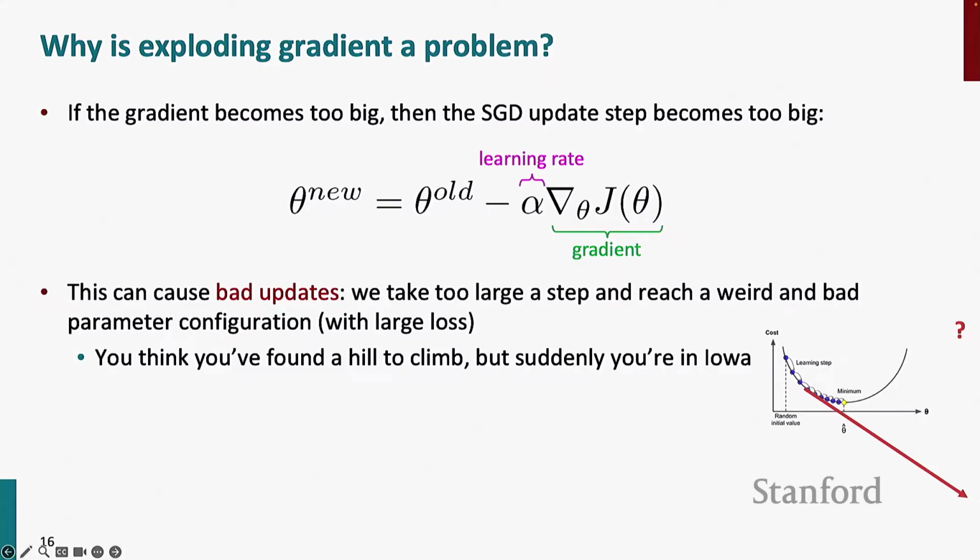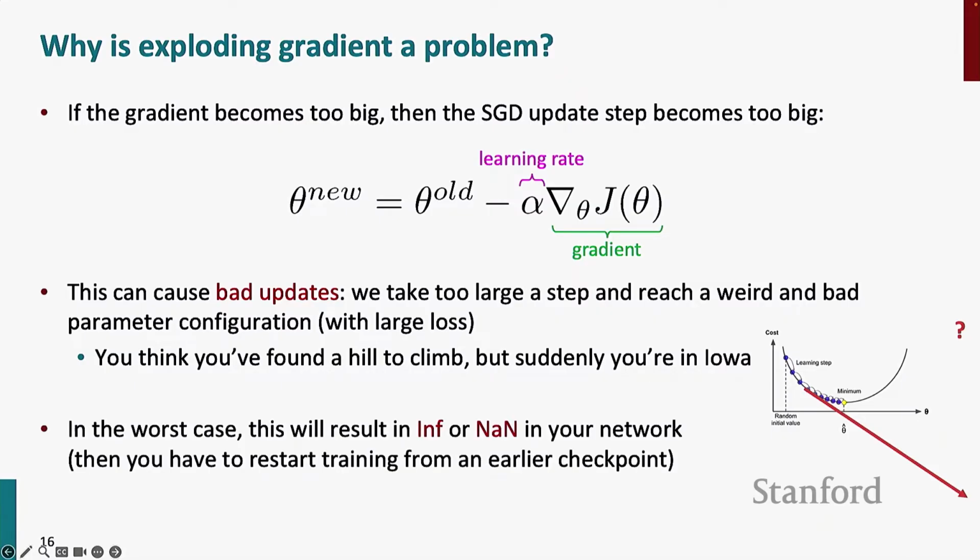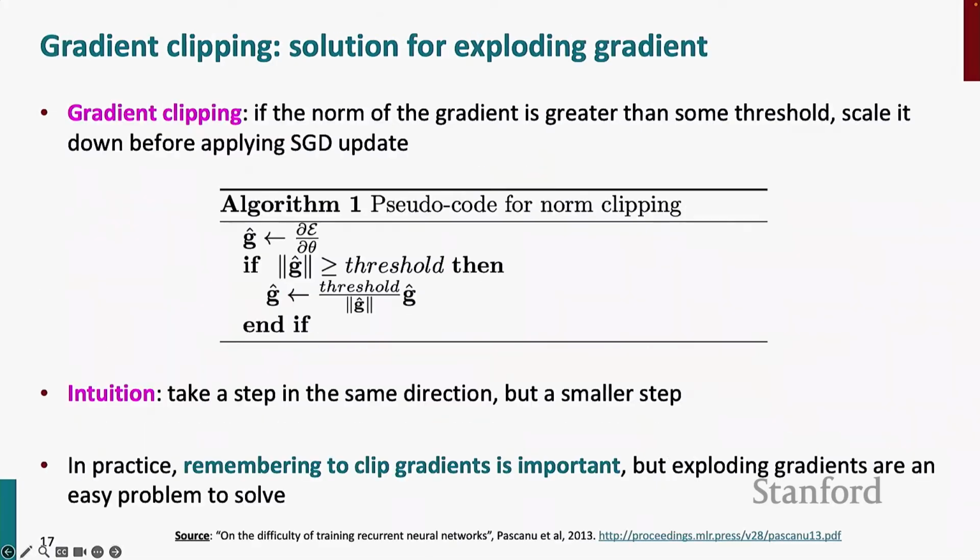We think we're heading to the Sierras and we end up in Iowa or something like that, right? We could go arbitrarily far, and might not be making any progress whatsoever. So exploding gradients are a problem. They can also cause infinities and NaNs, and they're always a problem when you're training models.